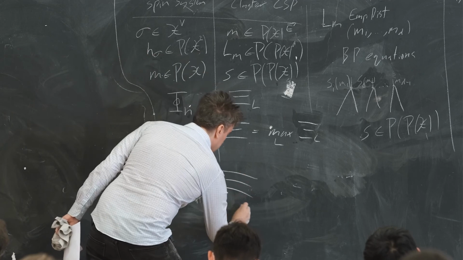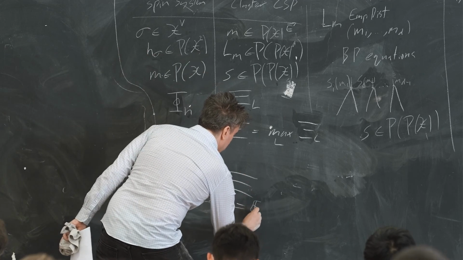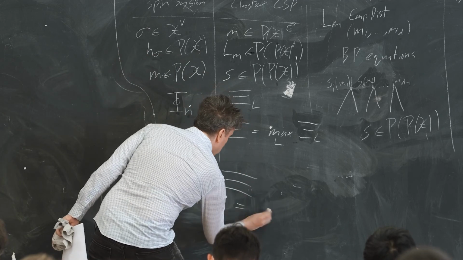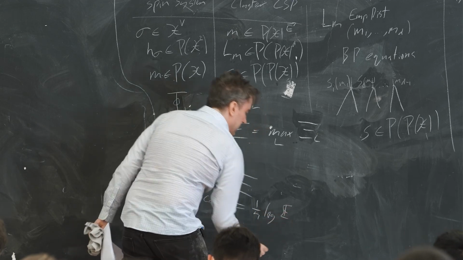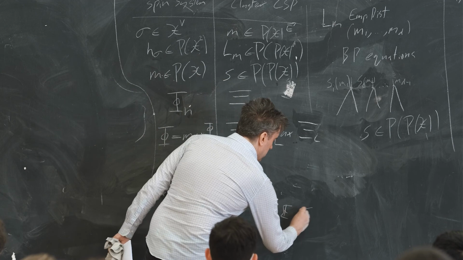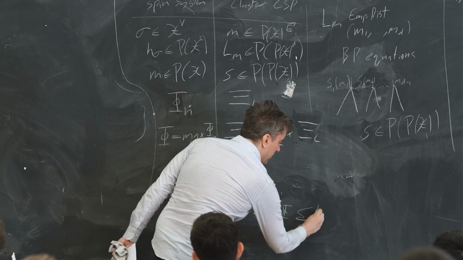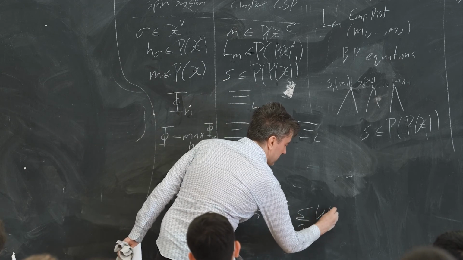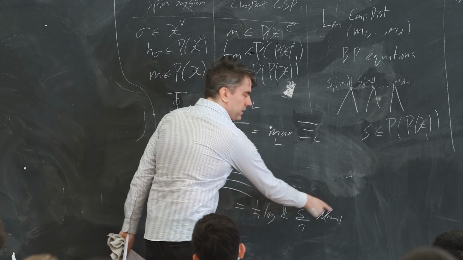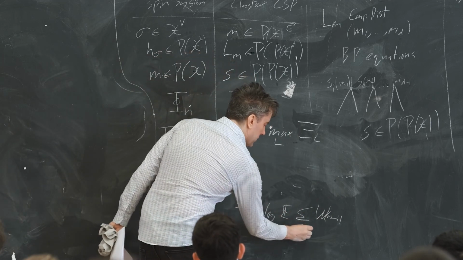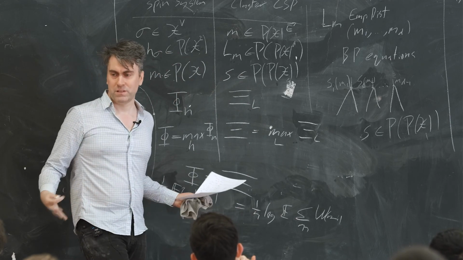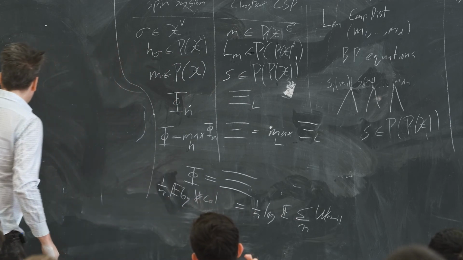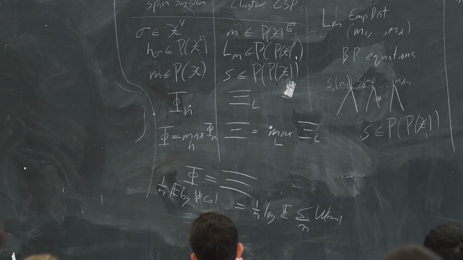And this one should be the expected 1/n log of the expected value of the sum over clusters of the number of colorings in that cluster. But if I add up all the clusters and the number of colorings in them, that should just be the total number of colorings.